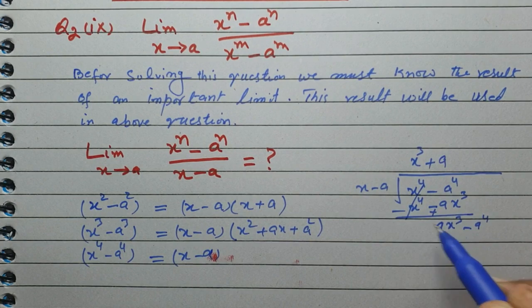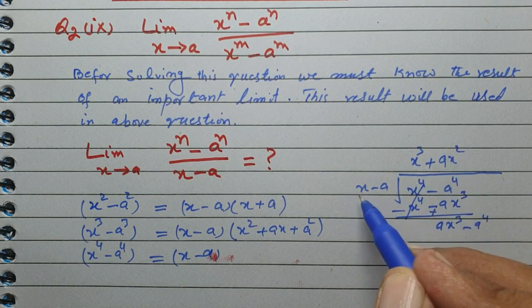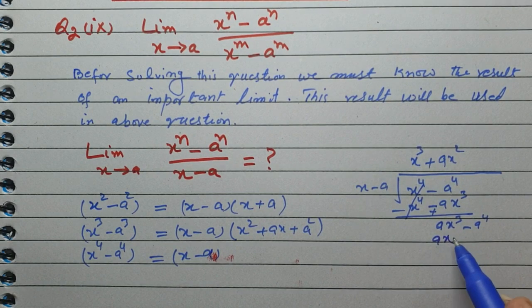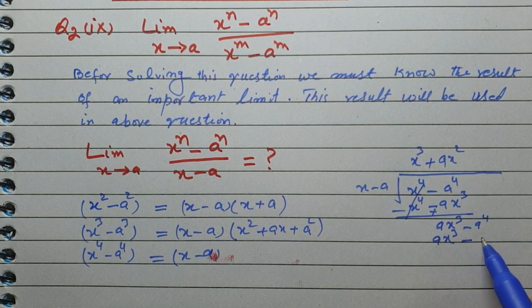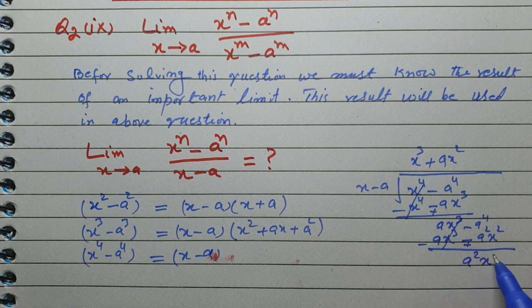We need a and x square. Ax square, ax cube it will become minus a square x square, plus a square x square minus a^4.